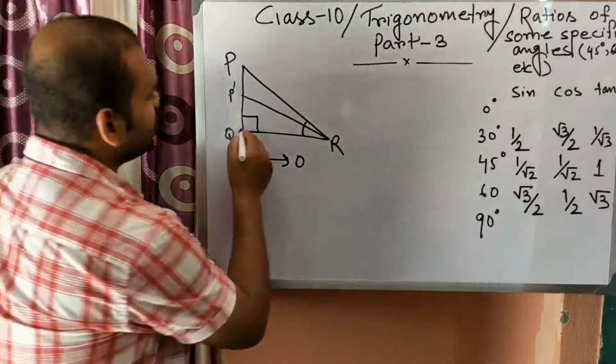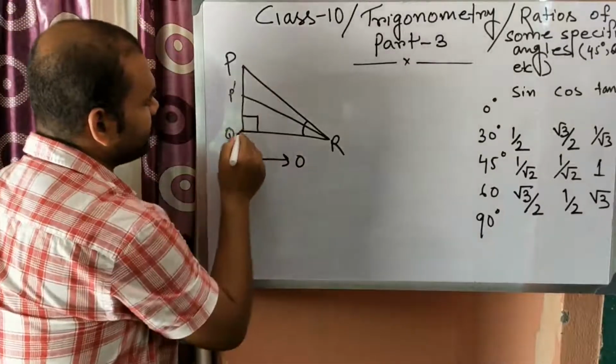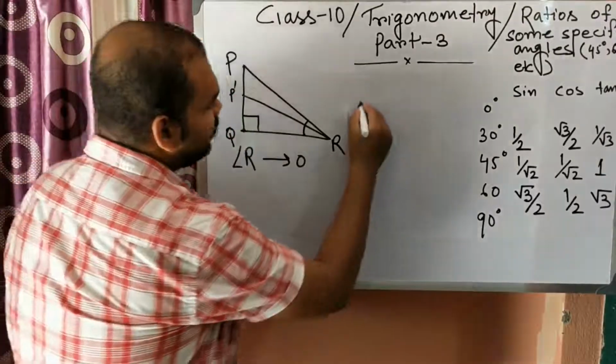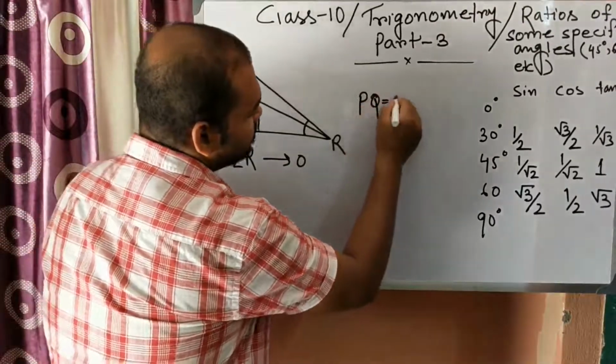And at a particular point, when the point P comes to the point Q, at that time the value of PQ will be 0.